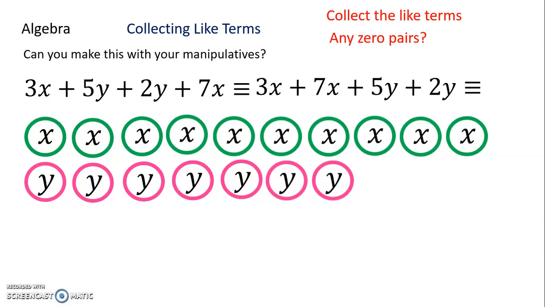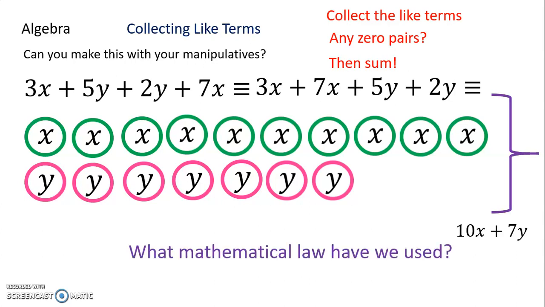Look for any zero pairs first, but there aren't any here. And that gives me 10x plus 7y. And what mathematical law have we used here? We've used the commutative law because we've changed the order of this sum, knowing that it is still going to give us the same answer.